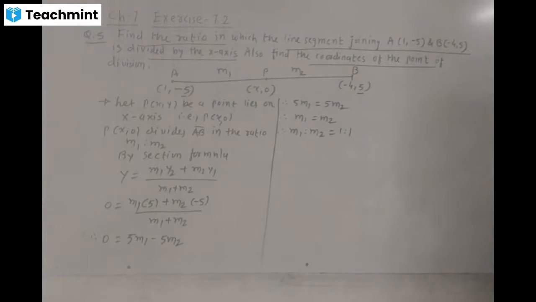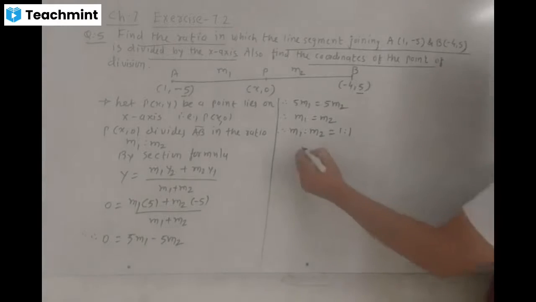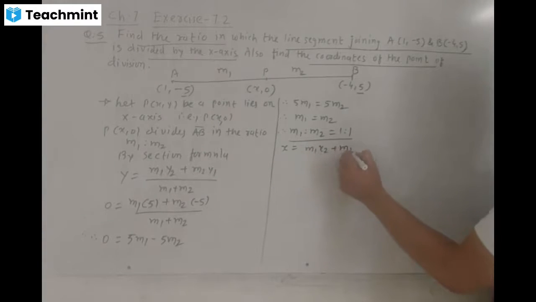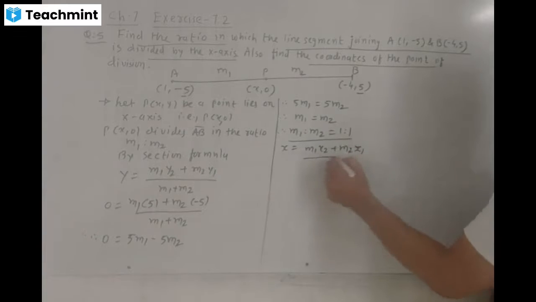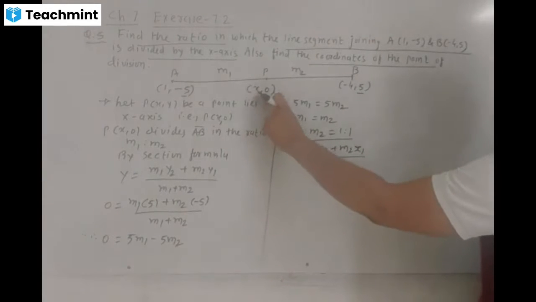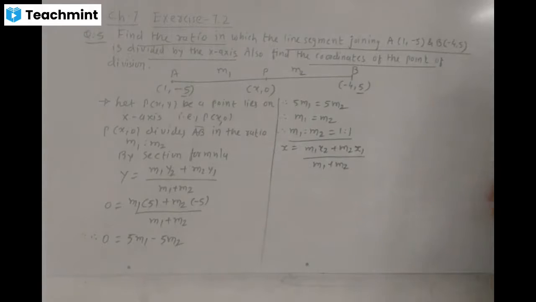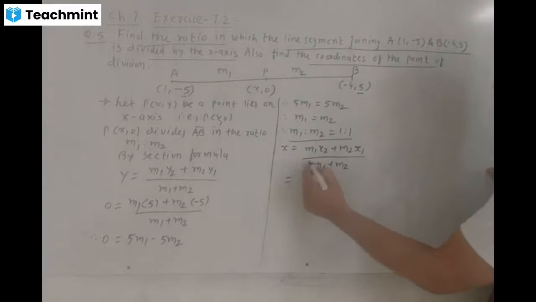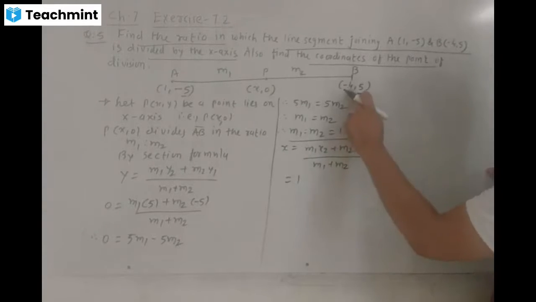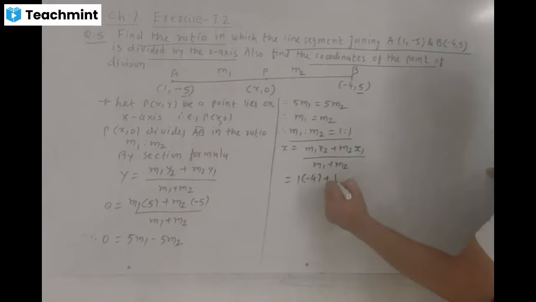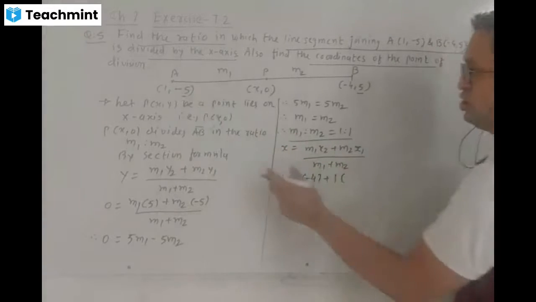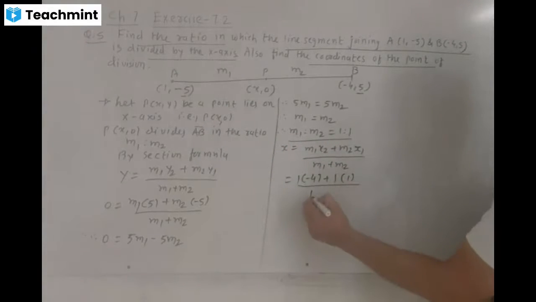And put this value in the x formula. x is equal to (m1 x2 plus m2 x1) divided by (m1 plus m2). Why? Because we must find the coordinate of the point of division, which is the same as the coordinate of the point of intersection. Here m1 is equal to 1, x2 is equal to minus 4, m2 is 1, x1 is equal to 1, divided by 1 plus 1.